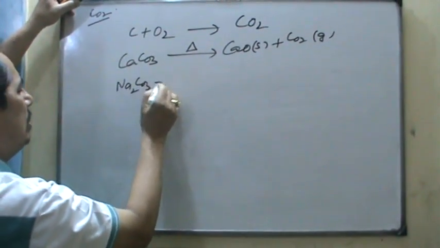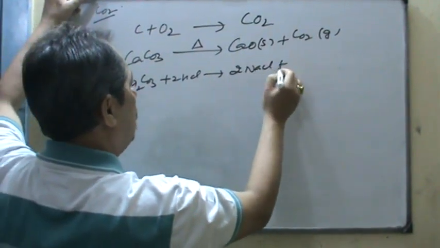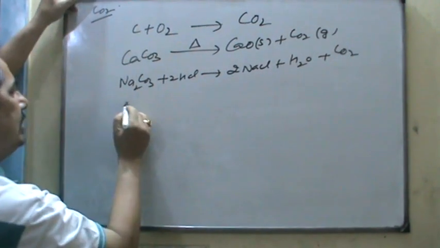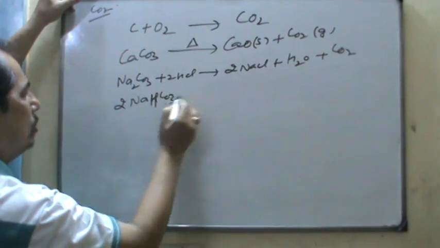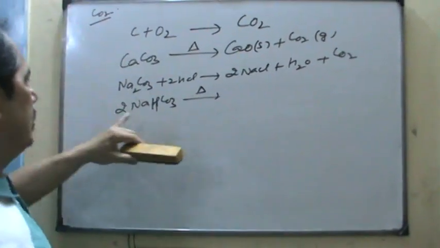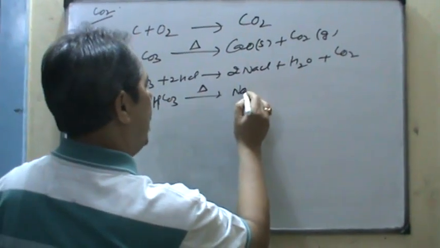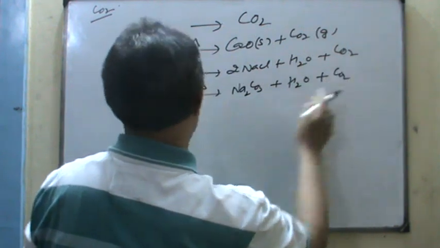Na2CO3 plus 2HCl gives 2NaCl plus H2O plus CO2. And then decomposition of sodium bicarbonate, NaHCO3. What is the product? Na2CO3 plus H2O plus CO2.